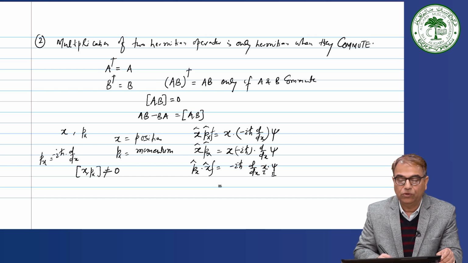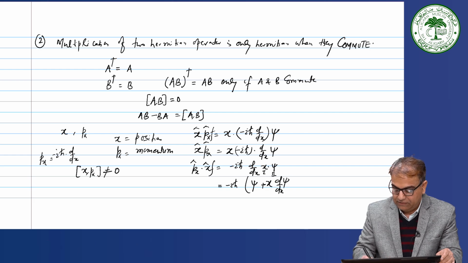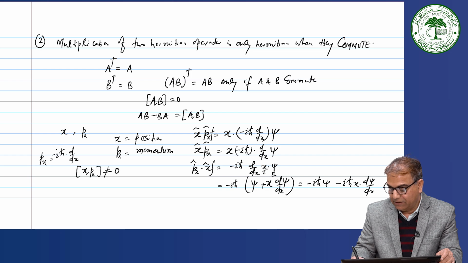You differentiate it, with minus i h cross outside. Differentiating x gives psi, keeping psi constant, plus you keep x constant and differentiate psi. So you get minus i h cross psi and minus i h cross x d psi by dx.